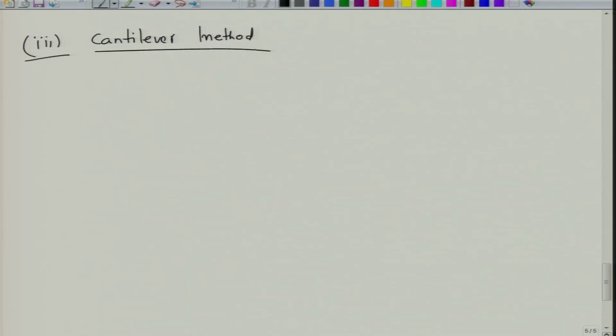In the cantilever method you have a cantilever which is moved up or down and pushed against a point, so it is a sort of strained beam.